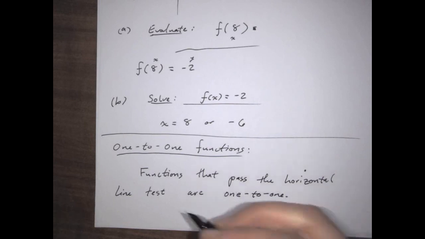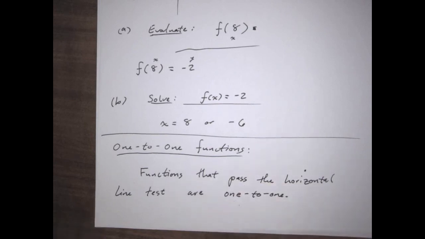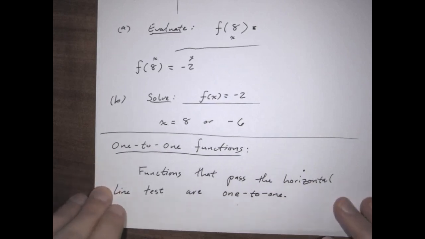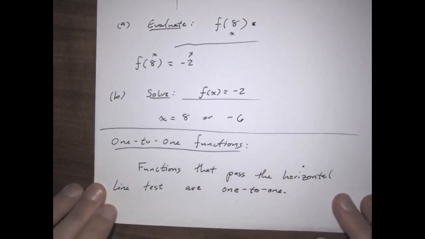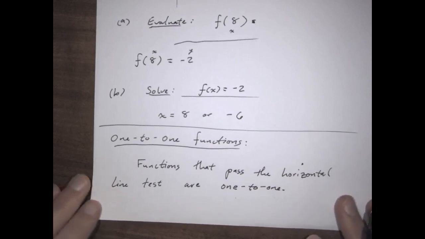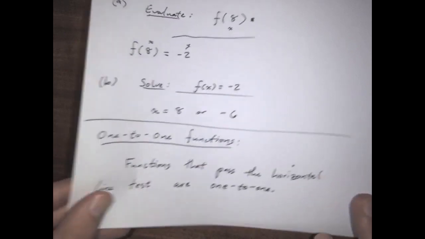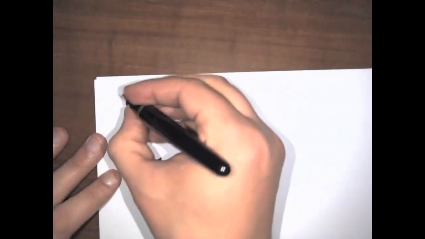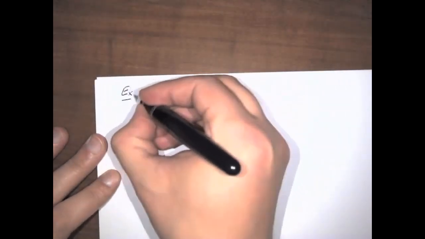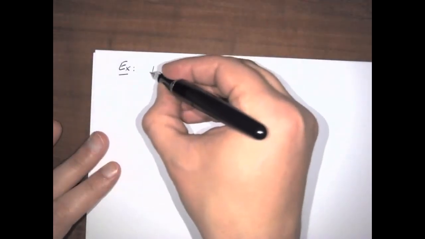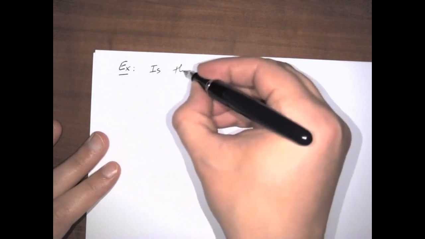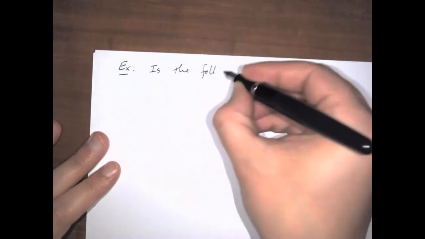And we'll explore later what that actually means in more detail, but for now, all we need to know is the horizontal line test, which is basically the tipped over version of the vertical line test, is how we're going to determine that. So as an example is the following.